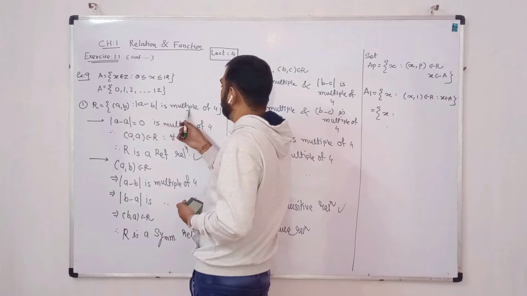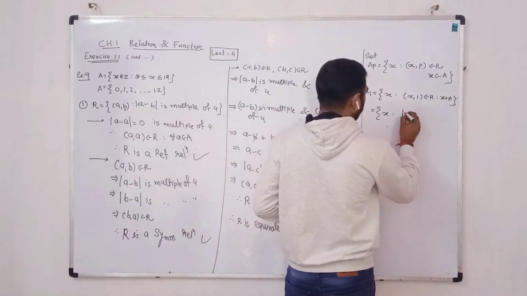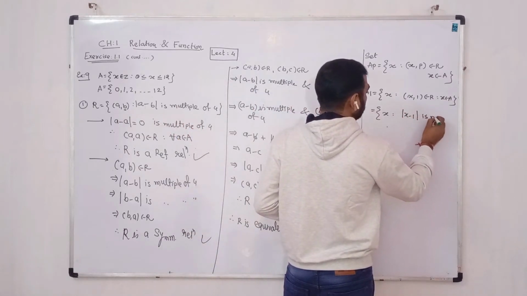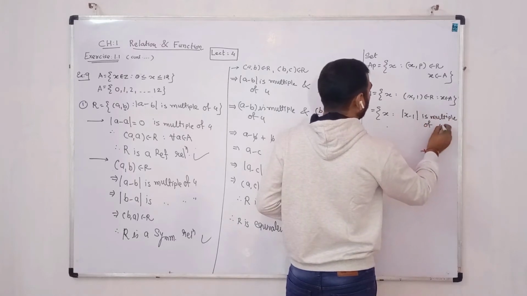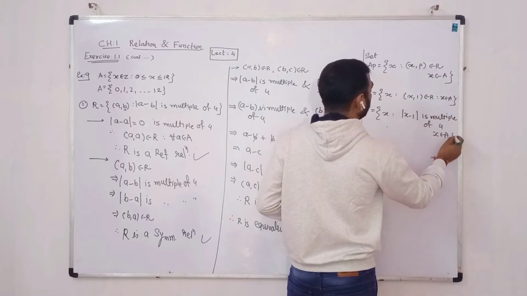A minus B is multiple of 4. Here mod of X minus 1 is multiple of 4, where X belongs to A.